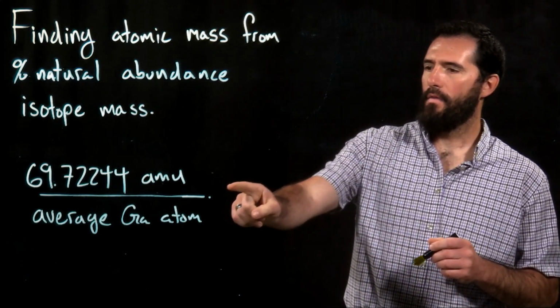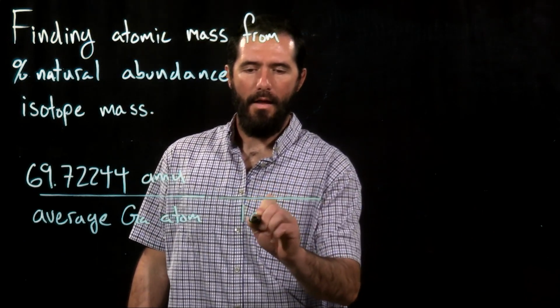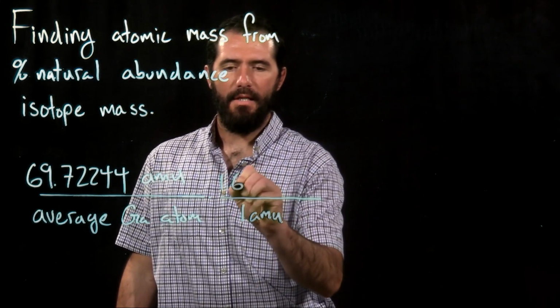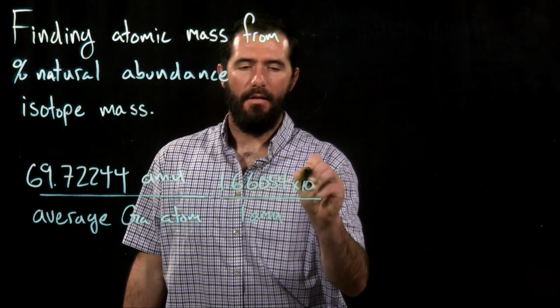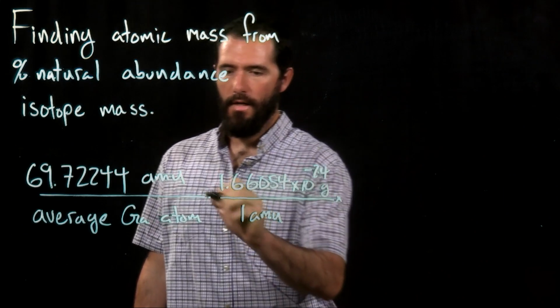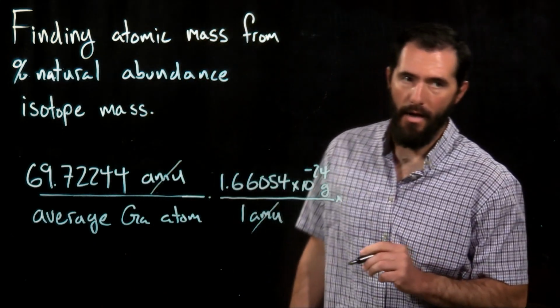To cancel out the atomic mass units, we know that 1 AMU is 1.66054 times 10 to the negative 24 grams. So what I'm doing here is canceling out the atomic mass units and converting that to grams.